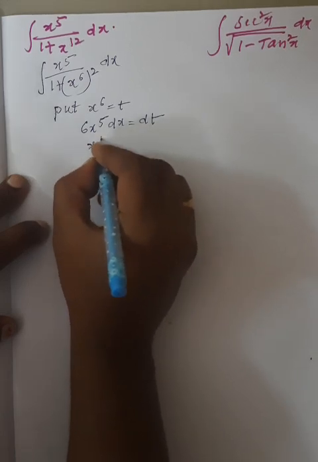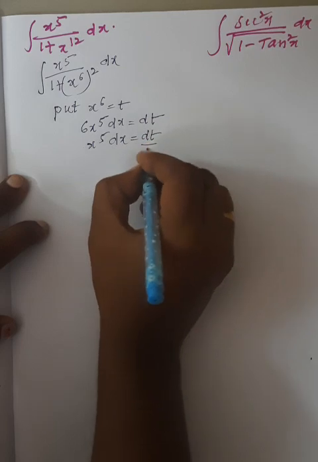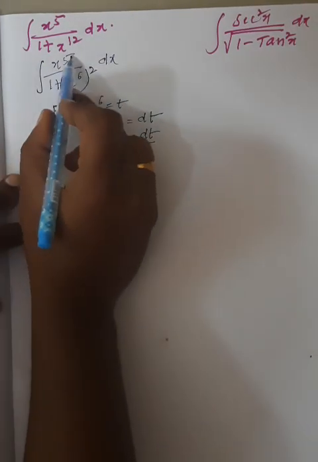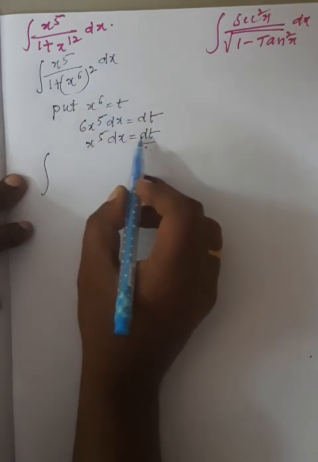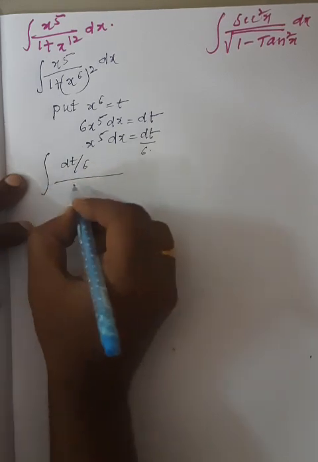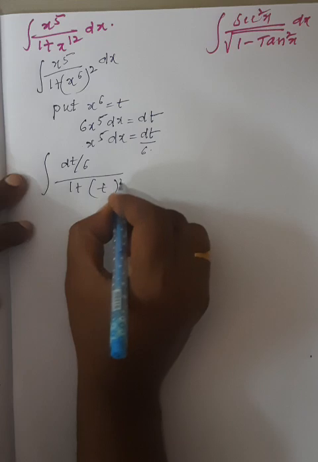Now x power 5 dx is equal to dt by 6. Now substitute in the given question as integration of x power 5 dx, we can substitute as dt by 6 by 1 plus x power 6 whole square can be written as t square.